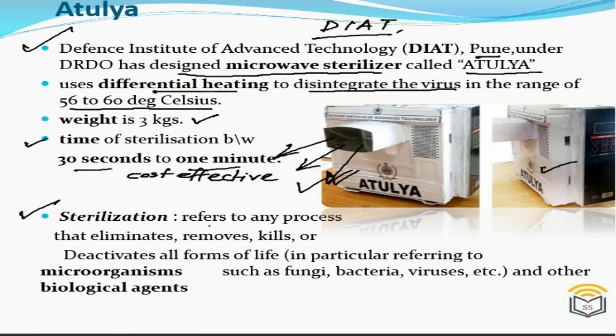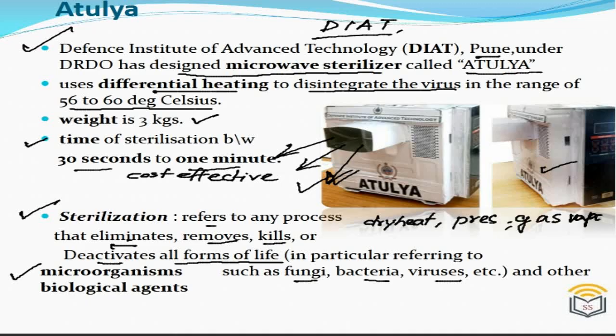So let's learn what sterilization is. It basically refers to a process that eliminates, removes, kills or deactivates all forms of life, particularly microorganisms such as fungi, bacteria, viruses, etc. The sterilization process basically uses dry heat, pressure, gas vapor, UV radiation, and chlorine gas.